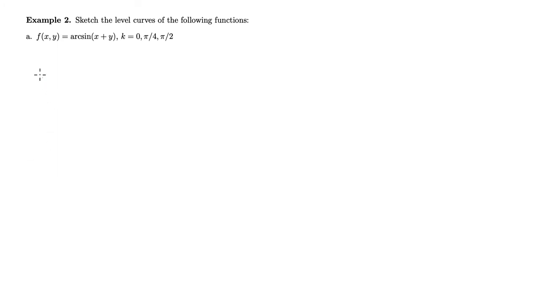Alright, so again we have a function of two variables, so its domain is going to be some subset of the plane. But here we just want to sketch the level curves, and so recall those are xy points for which the output of the function is some fixed value. So there's actually three values that we want to consider: 0, pi over 4, and pi over 2. So let's draw the xy plane and actually sketch these level curves.